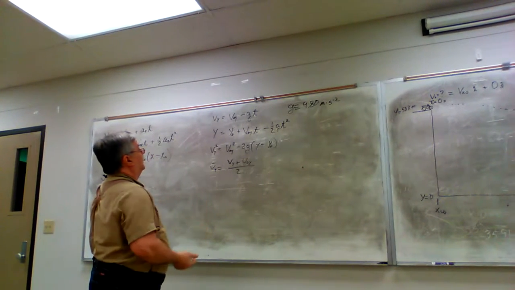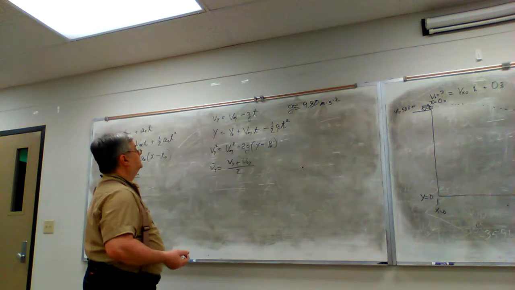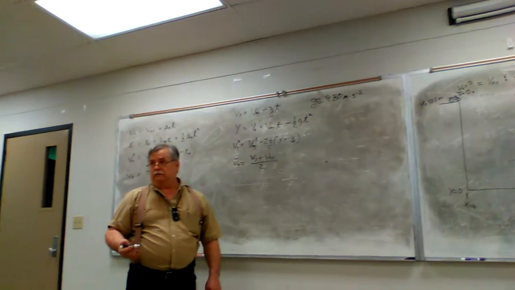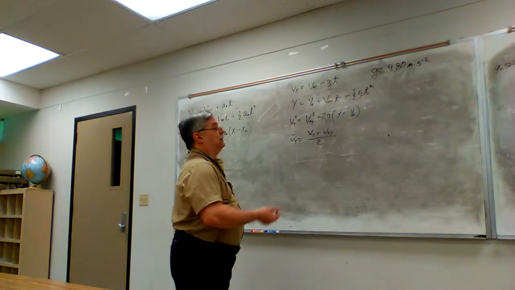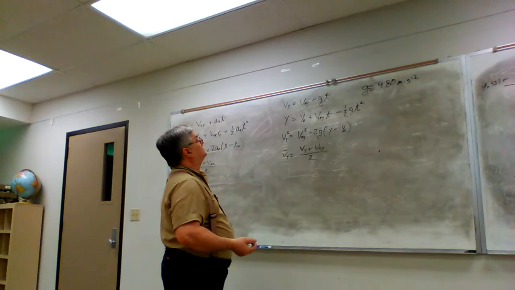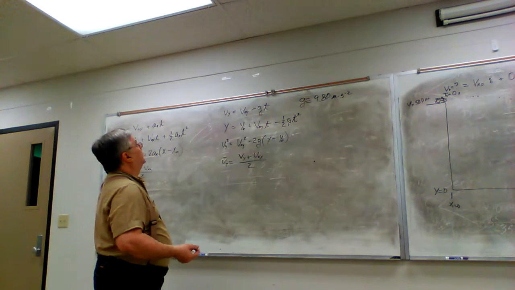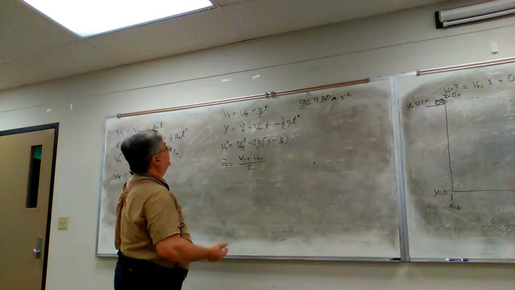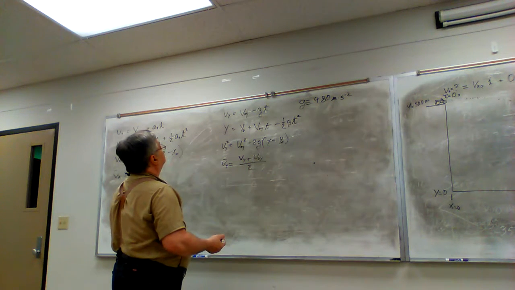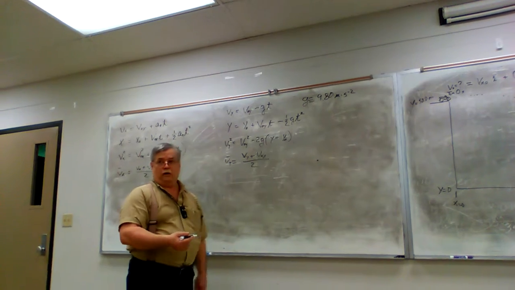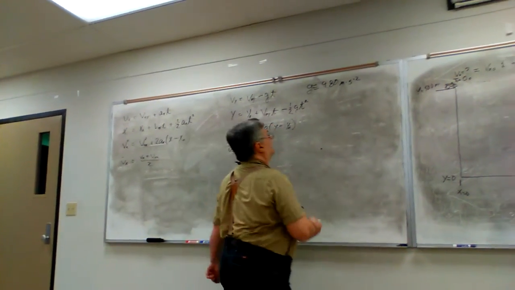We don't need to calculate how far it's going to fall. We know that. It's going to fall 50 meters. We don't really care what its final velocity is. All we want to know is how long it's going to take. So let's use this second equation.